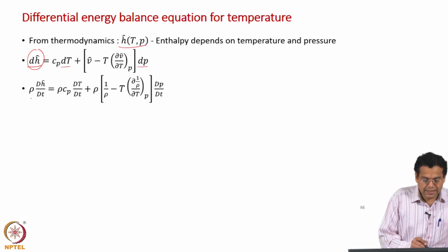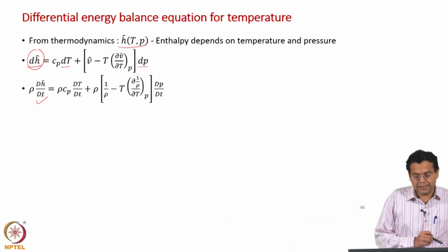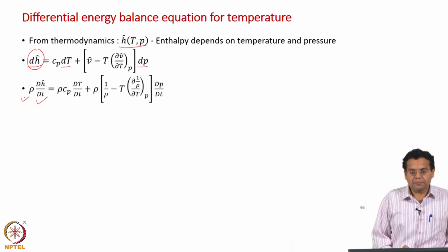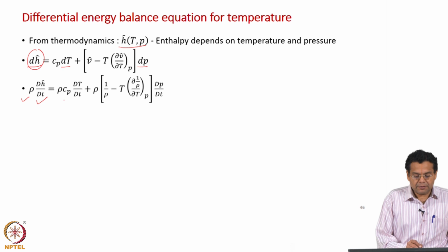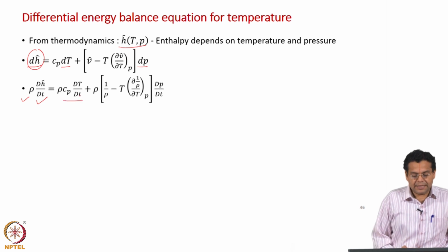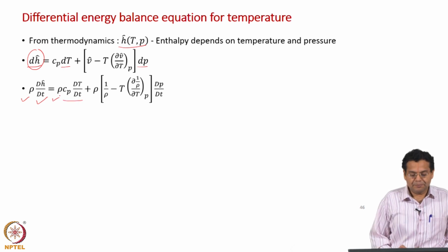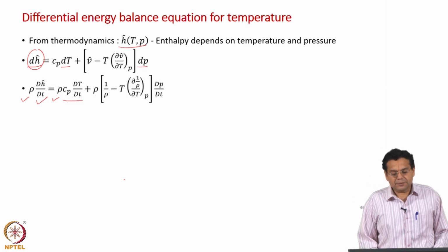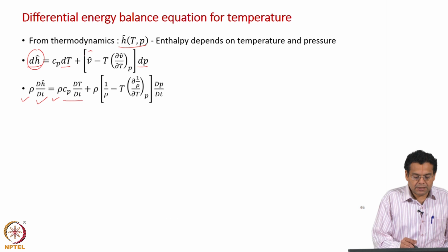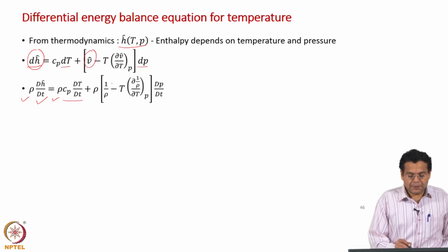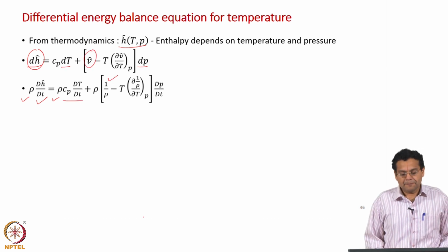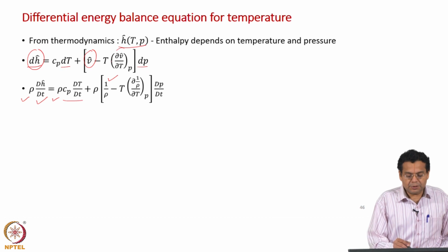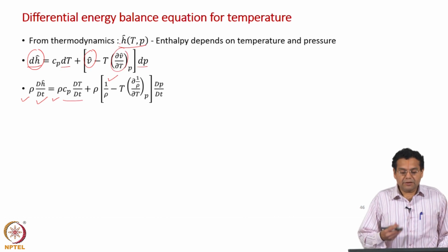On the left hand side we have dH cap by dt multiplied by rho, on the right hand side we have Cp dT by dt multiplied by rho, and then the other terms: we have the specific volume expressed as 1 by rho here, and this tells you the change of specific volume with temperature at constant pressure, that is the significance of that term.